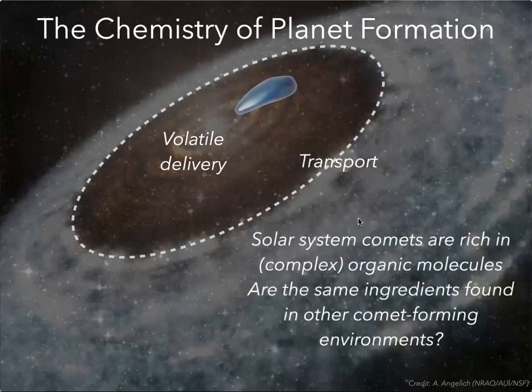Comets are an important source of information for us because we think that they contain some of the most pristine material left over from planet formation in our own solar system. We know from remote sensing of comets, but also from in situ observations, for example with the Rosetta mission, that these comets are rich in what we call complex organic molecules.